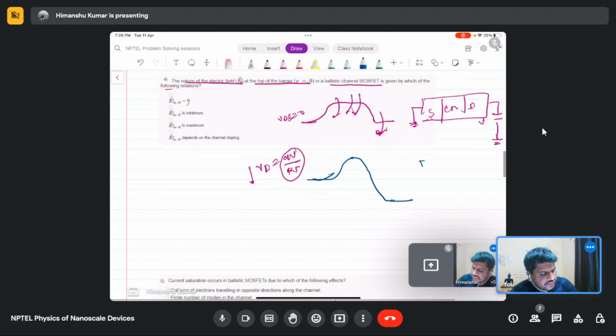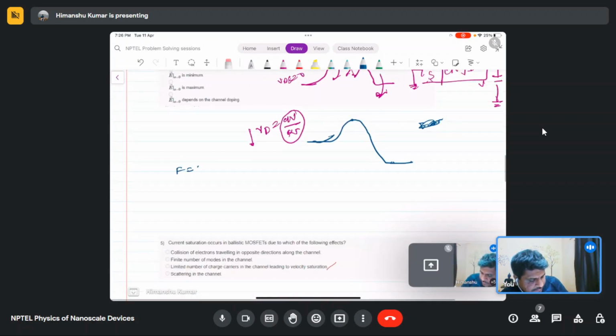Since the electric field is basically minus, you can derive it from force: force is basically minus dU by dx, where U is the potential energy. Similarly, in the case of an electric field, the force can be replaced by qE, which equals minus dU by dx.